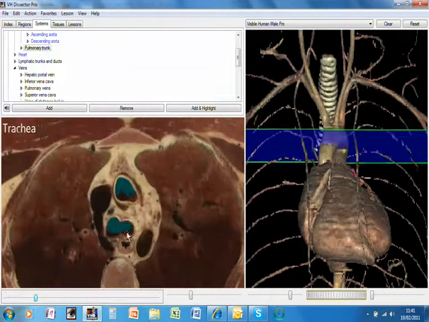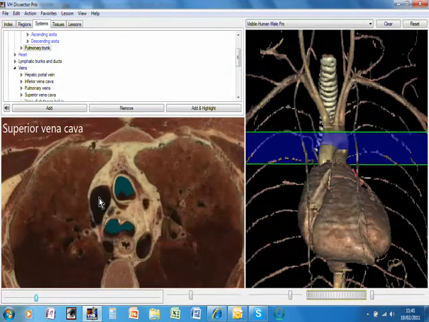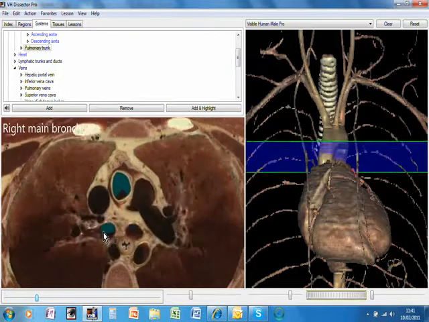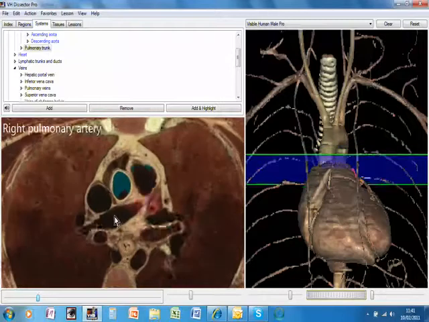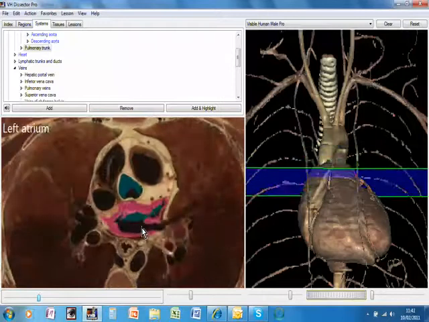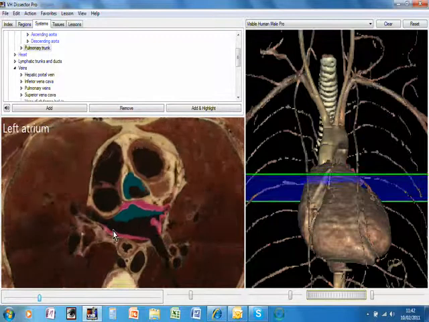As you pass through the arch of the aorta, the trachea bifurcates and the azygous vein empties into the SVC. Here's the right main bronchus, here's the left main bronchus, here's the pulmonary trunk. And as we scroll down, emptying into the left atrium are the pulmonary veins.